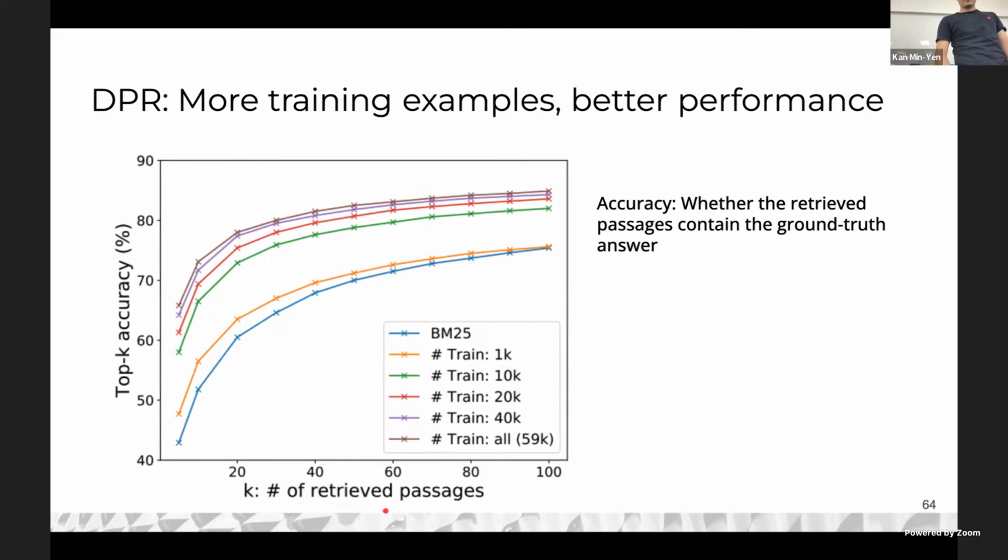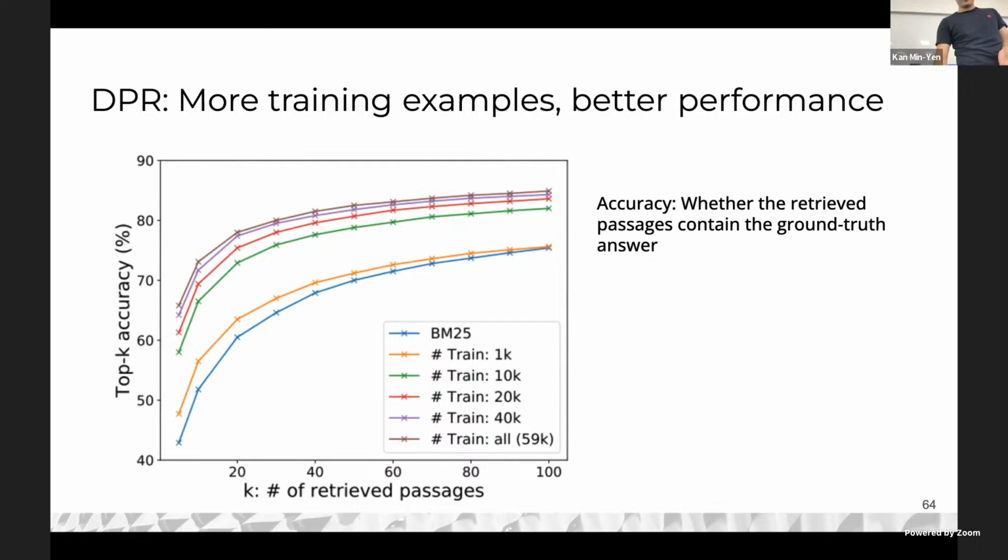So K is the number of retrieved passages, and the top K accuracy measures whether the documents contain the real answer. And we can see that intuitively, when we increase K, we have more documents, so it's more likely to contain the ground-truth answer. The performance goes up, but of course past a certain point, the retrieval quality of the documents decreases. So we don't see a linear increase.